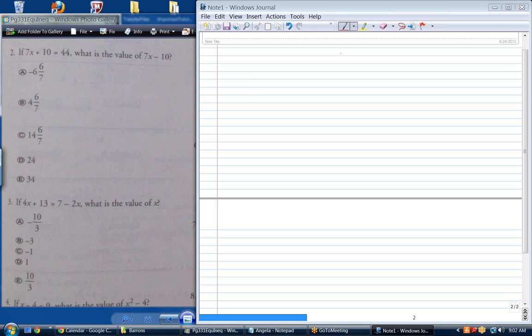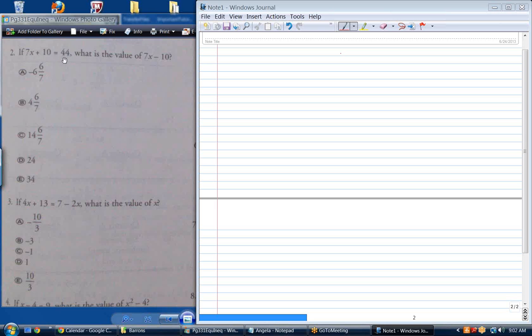Okay, they got me. How would you produce 7x minus 10? Well, first of all, you can solve it the long way, right? Which is to solve for x and then figure out what this is. But to come up with the expression 7x minus 10 directly, why don't I subtract 20 from both sides?